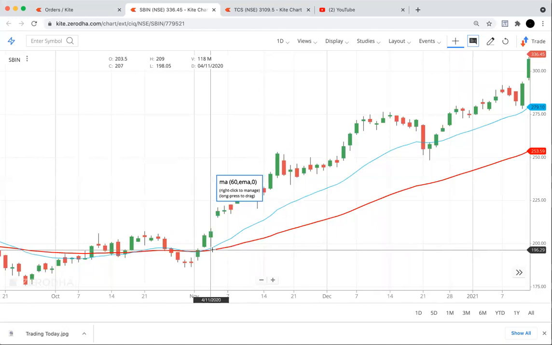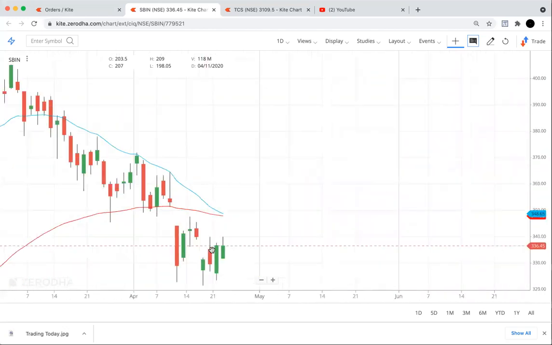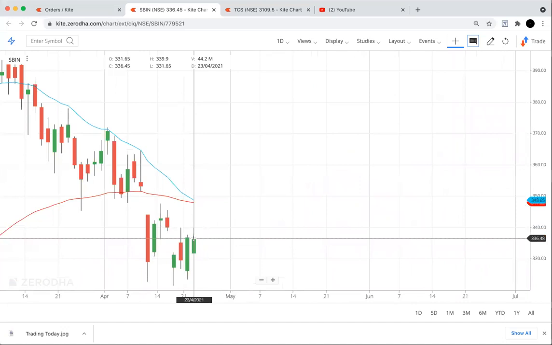Now, should you stay with that stock for 6 months? Well, look at the price change: 196 rupees, and look at what the price was on the last day. 336. 196 to 336. Okay, that is more than 50%.